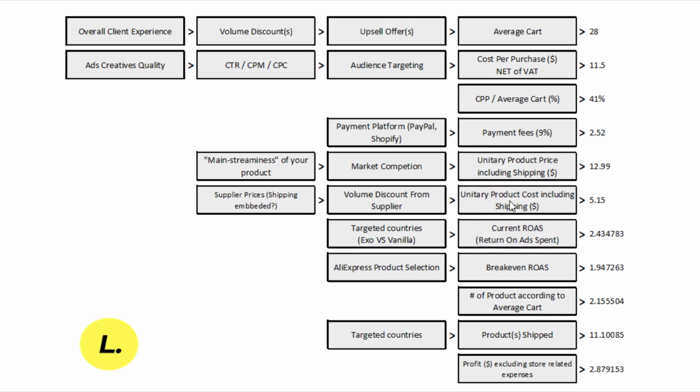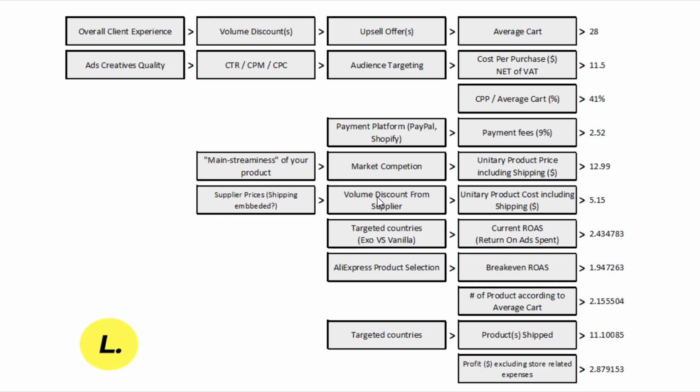So unitary product cost. That's a trick you can think about with your supplier on AliExpress. When you just trade a few products, it's difficult to negotiate with an AliExpress seller. But at some point, hopefully, you get a connection with them, you talk to them via messages, and potentially you will have them on WhatsApp or WeChat, and then you can leverage that connection.